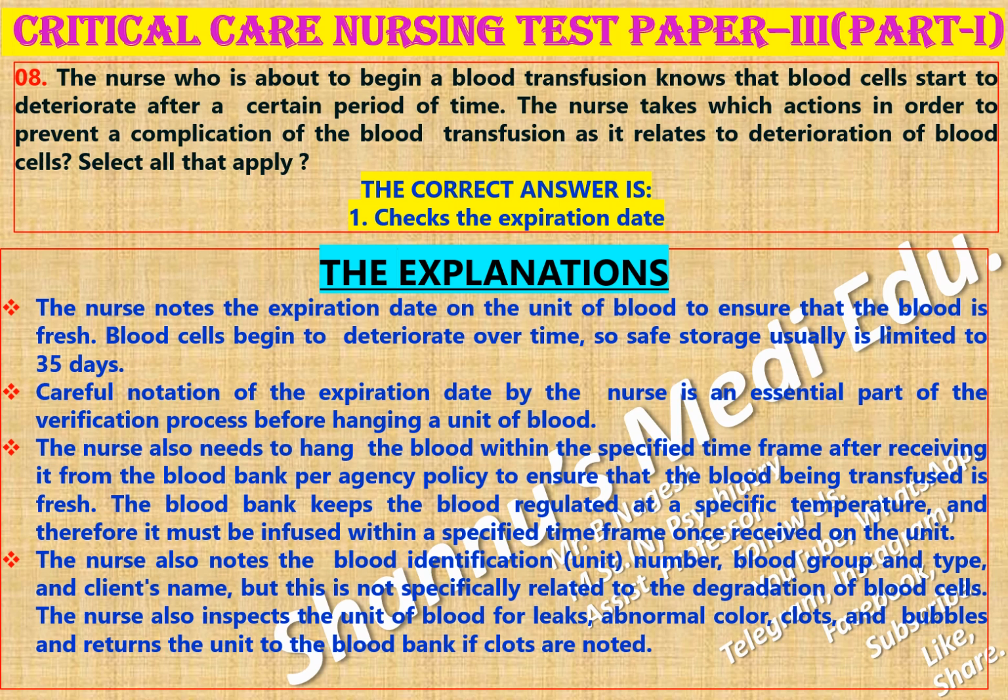The nurse also inspects the unit of blood for leaks, abnormal color, clots and bubbles, and returns the unit to the blood bank. Again, this is not related to the degeneration of the blood cells over time.